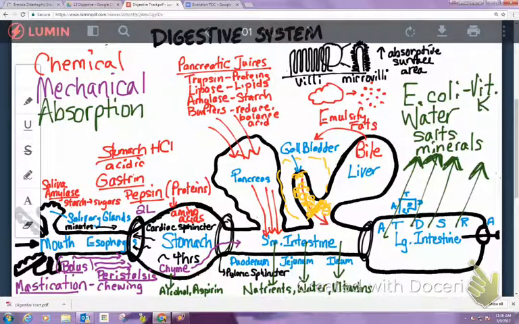So, food spends how long in your large intestine? A long time. About 24 hours. But everybody is different. And the three processes that are occurring in your large intestine are compaction, segmentation, and elimination.